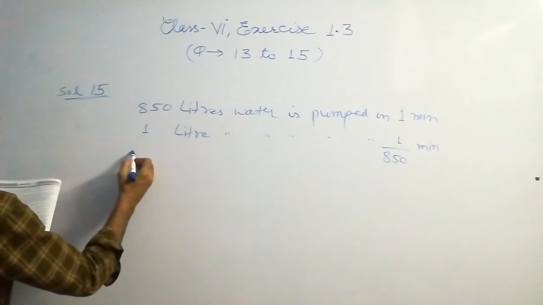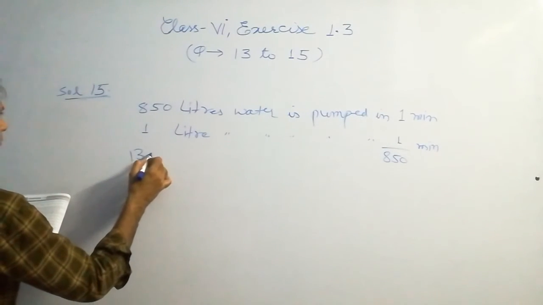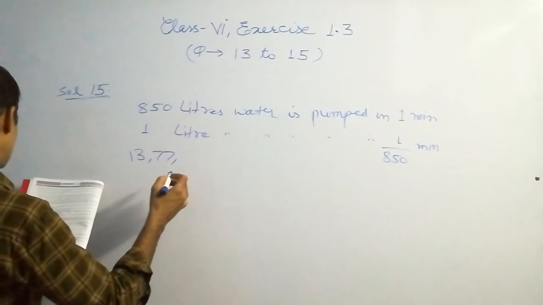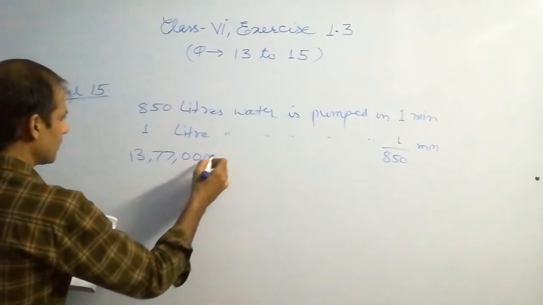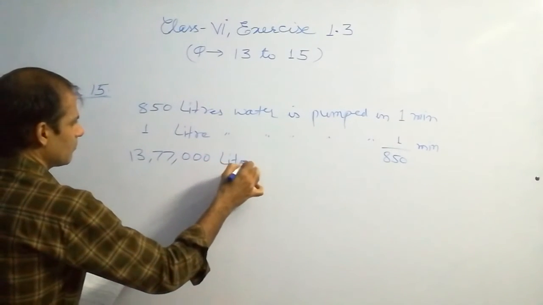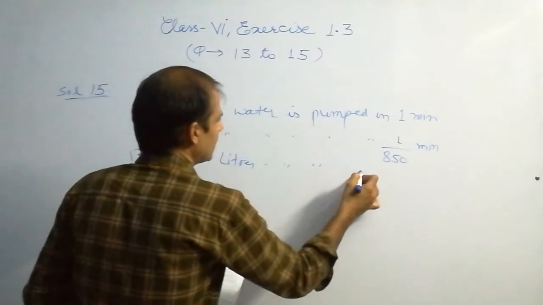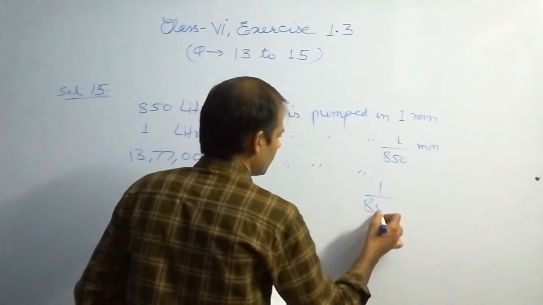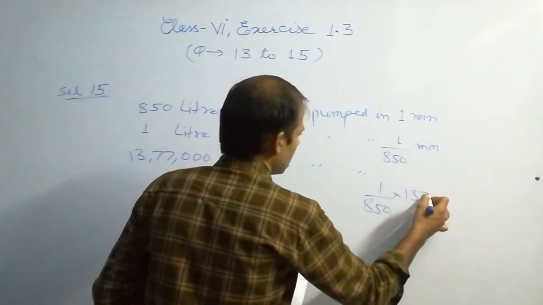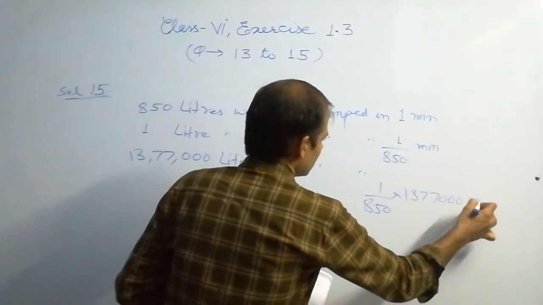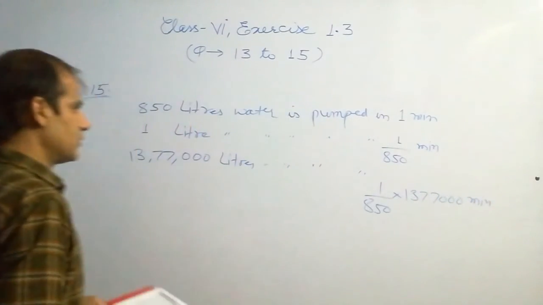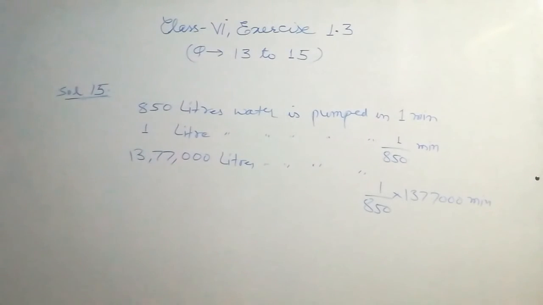Now if it is 13,77,000 liters of water, then it is pumped in 1 upon 850 into 13,77,000 minutes. Okay students, the values are correct and we have to perform the division.